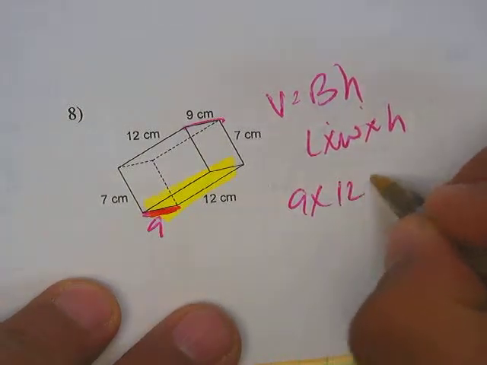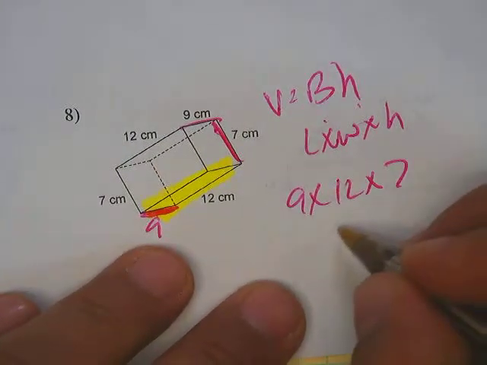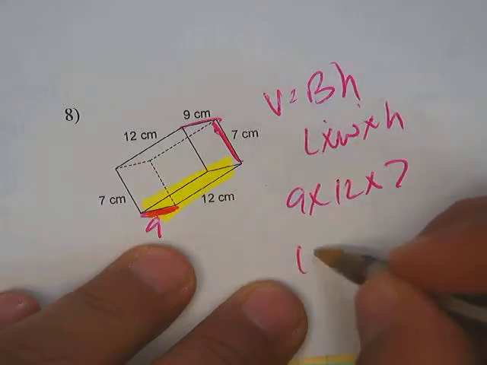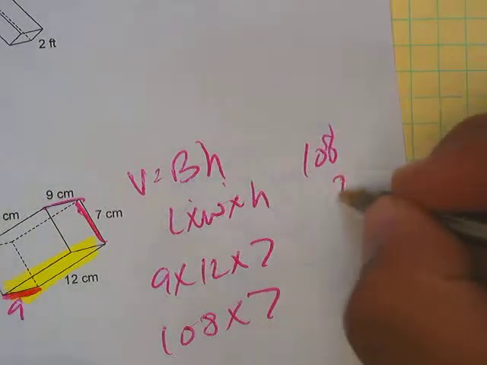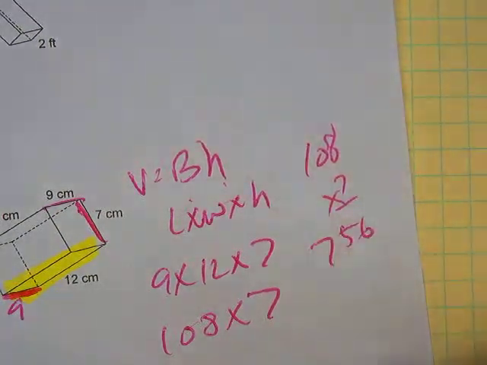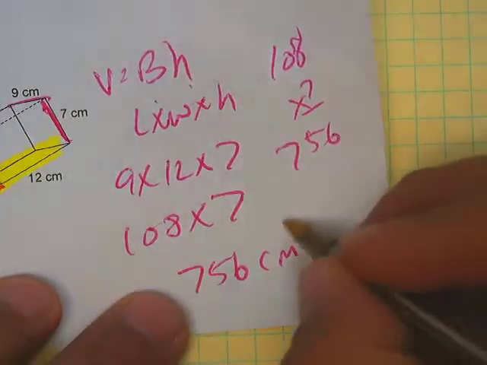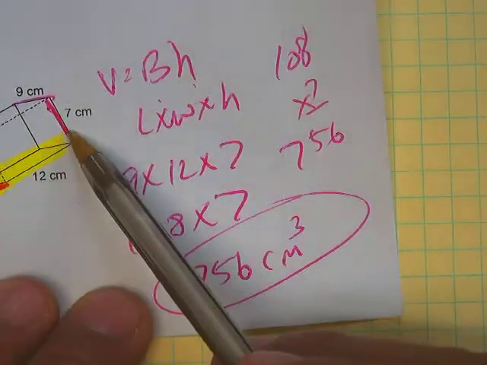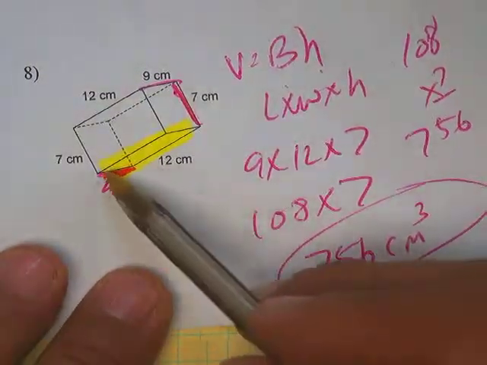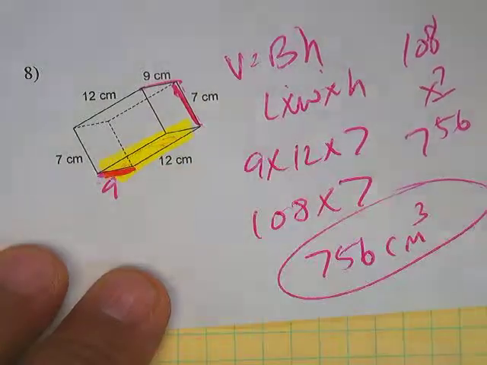So then it's 9 times 12, and the height is over here, times 7. 9 times 12 is, what is that, 108? 108 times 7, what's that, 756. So that's 756 cubic centimeters. Length times width times height, okay? Length times width times height, or the area of the base times the height.